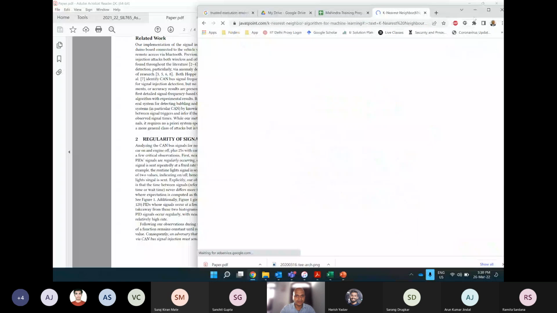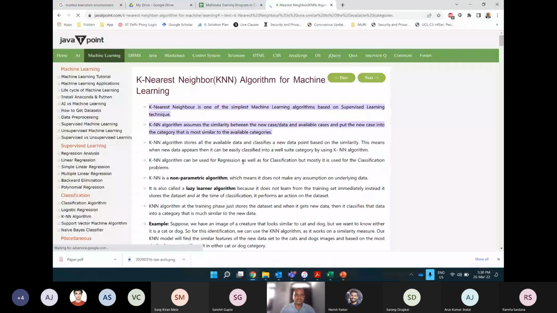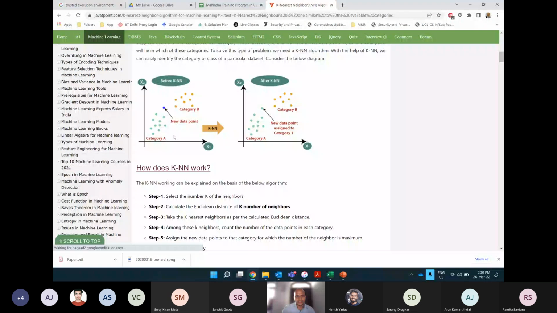Okay, so this is the figure. If you plot features, let's say there are two features that you are plotting: one is the mean value of the inter-message time, and one is the standard deviation of the inter-message time. Then you will see that there will be two groups, when you are looking into benign messages and the traffic during the time the attack was on.